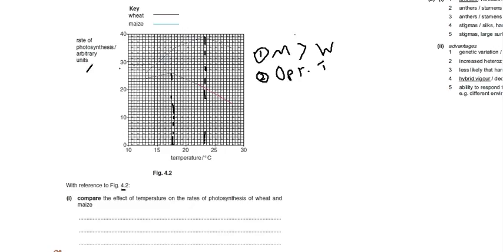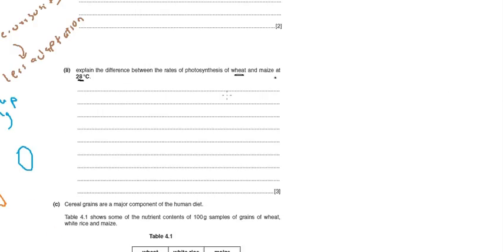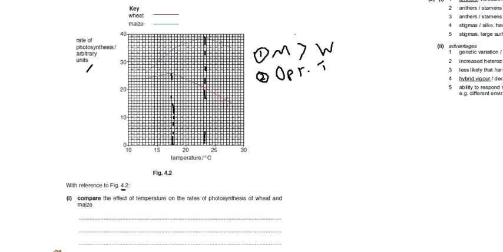So at 25 degrees, the rate of photosynthesis of wheat is much lower than that of maize.